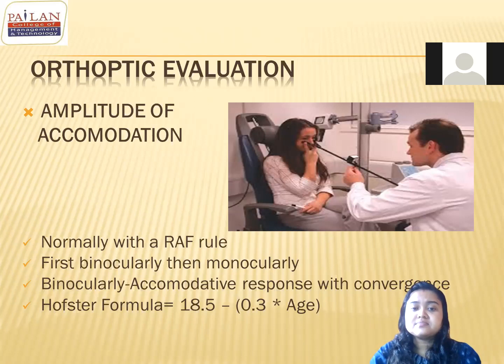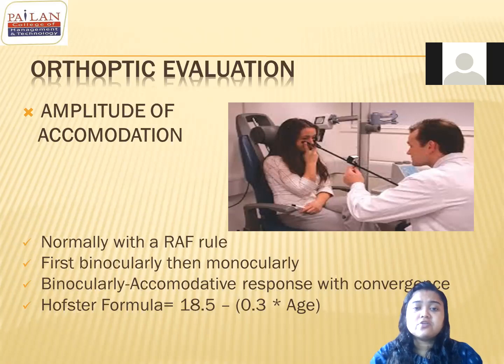When the patient reports that it is completely blurred and I cannot make it clear, that is the first sustained blur. So what is the end point of amplitude of accommodation measured with the RAF ruler? That is the first sustained blur, when the patient reports it.